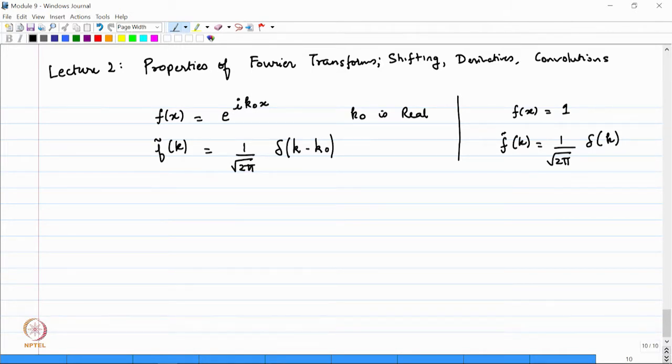So, there is a general theorem: if g of x equals f of x times e to the i k 0 x, that is, I took a function f of x, multiplied it by e to the i k 0 x and called it g of x, then you can show that g tilde of k is equal to the Fourier transform of f evaluated at k minus k 0. This property is referred to as the shifting property.